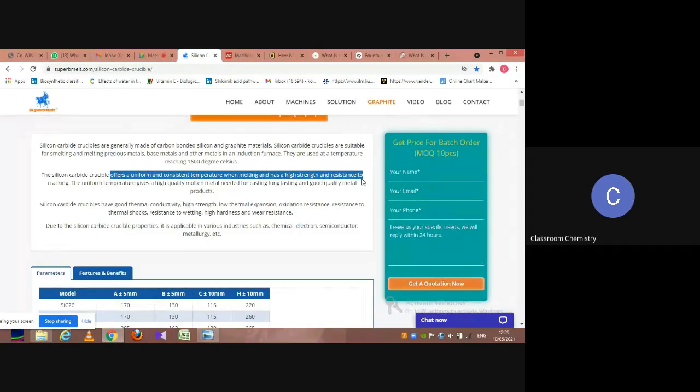So this uniform temperature gives a high quality molten metal. Therefore your melting of molten metal can be done well, because molten metal is required for casting, okay, long lasting and good quality metal products.